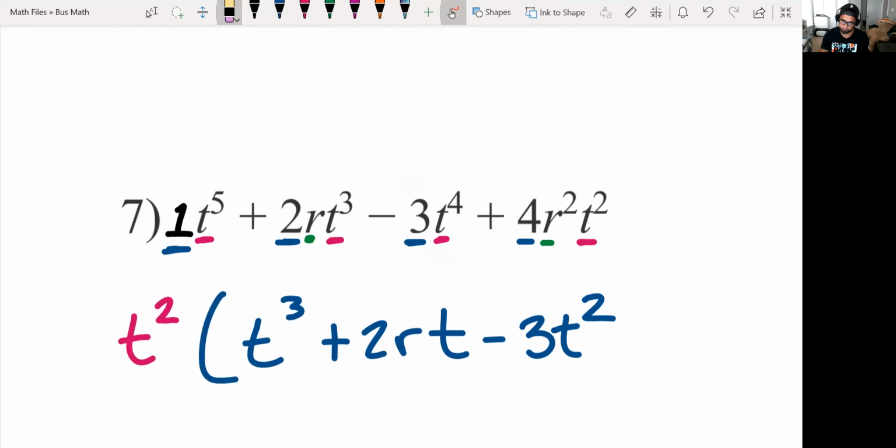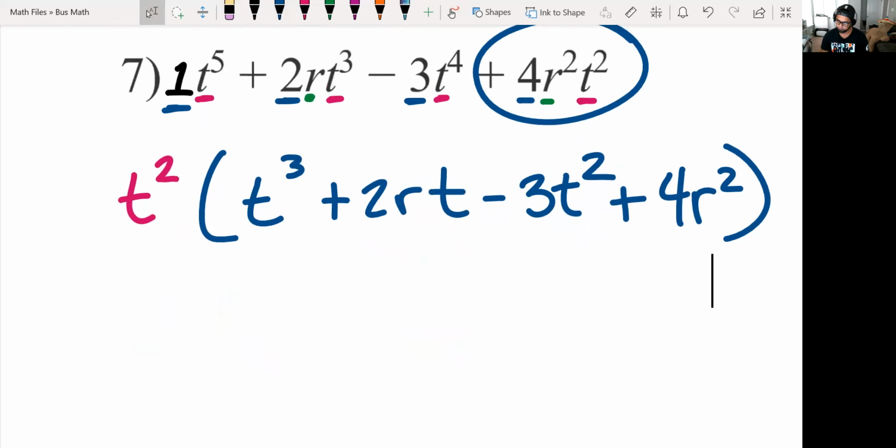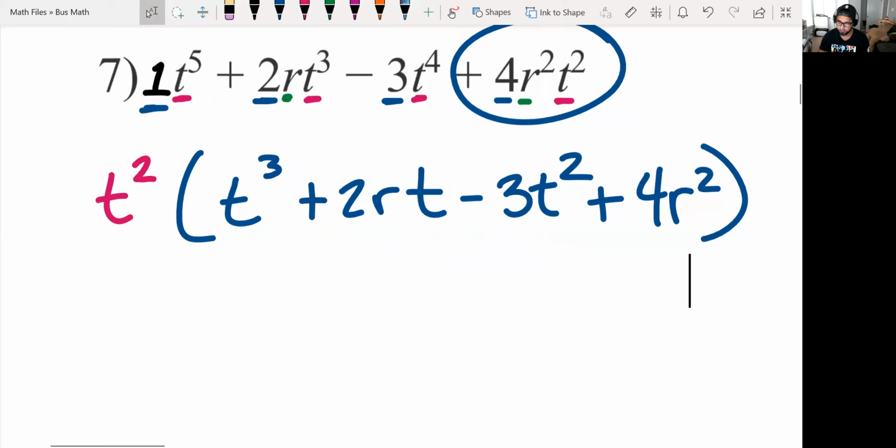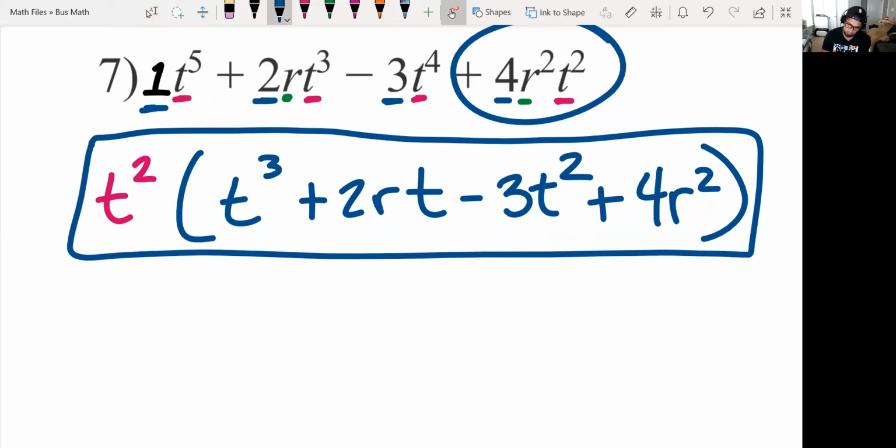And then plus t squared from 4r squared t squared. Your t squareds will cancel. And there it is. Nothing else we can do there. And again, I wouldn't bother rearranging it. All right, not bad.